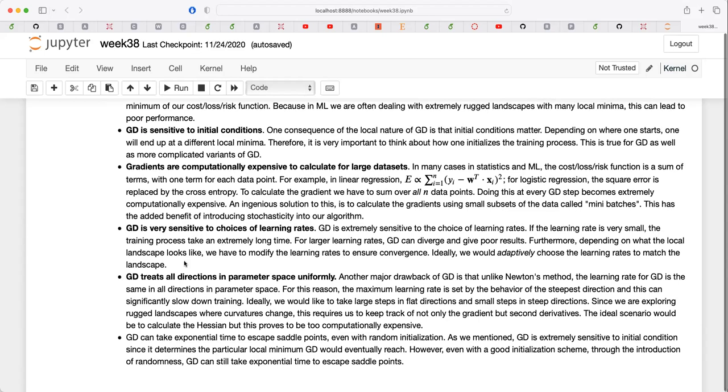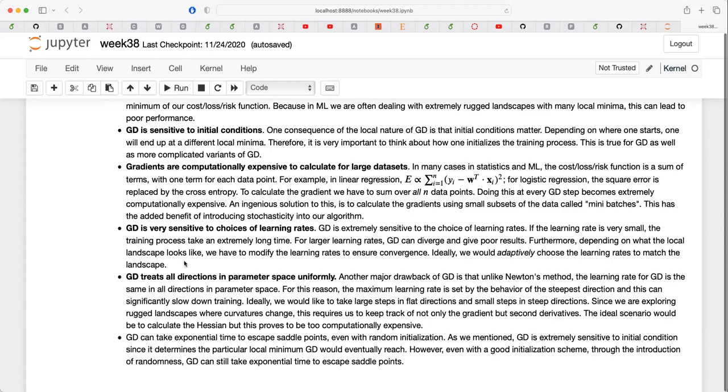The other thing you will notice is that all the parameters beta are treated in a democratic way. All directions in parameter space are treated in the same way. That means the step size you have chosen, or the learning rate, is the same for all the elements beta 0, beta 1, and so on.